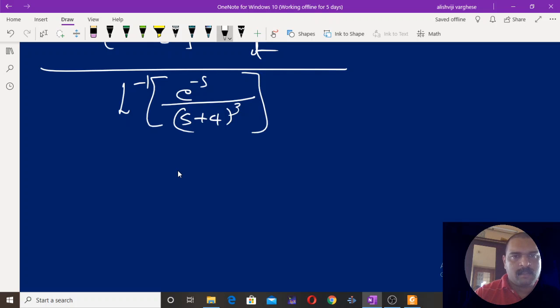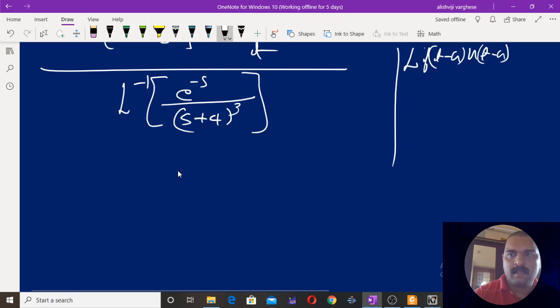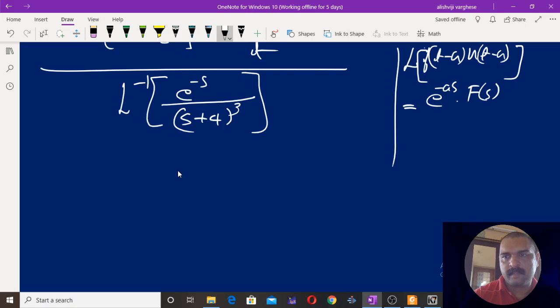Here e raised to minus s is a result of our second shifting theorem, which gives the Laplace transform of f of (t minus a) into u of (t minus a) as e raised to minus as into F of s.